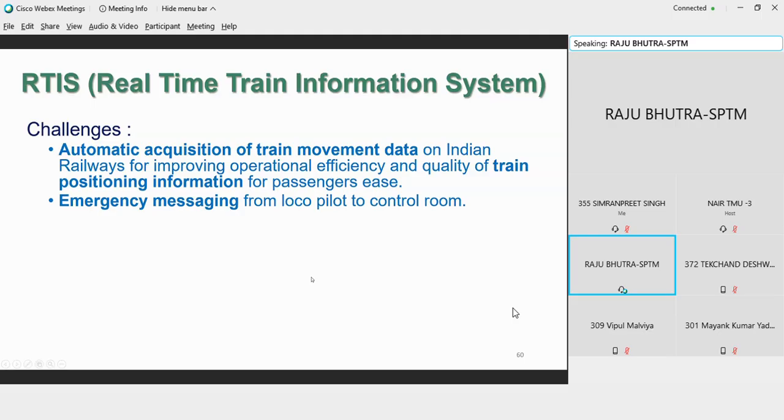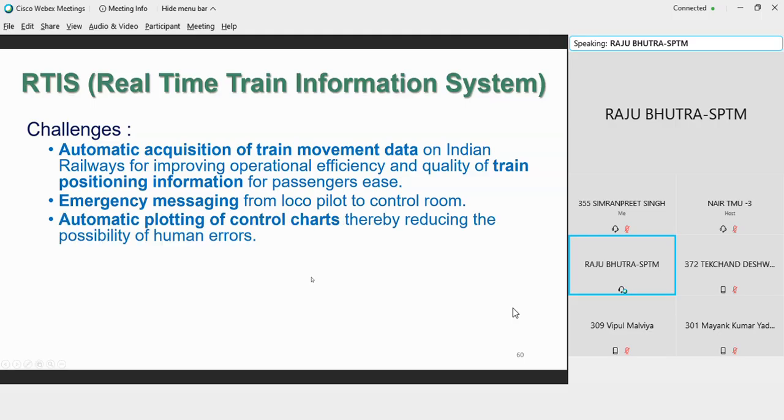Emergency messaging from loco pilot to control room is to be done. Then automatic plotting of control charts, thereby reducing the possibility of human errors. So the information which is fed in for plotting of control charts, manual information is needed to be entered.